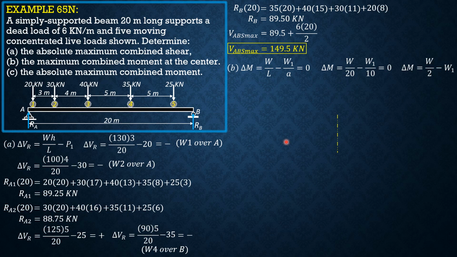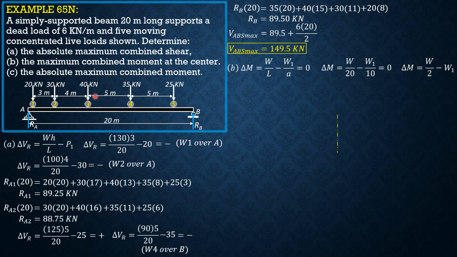Since the heaviest load is the 40 kilonewton load 3, this is definitely the load that will cause maximum bending at the center.